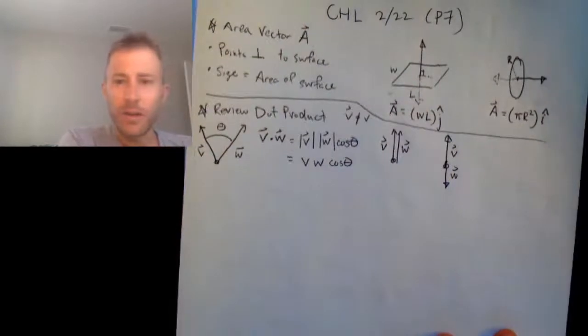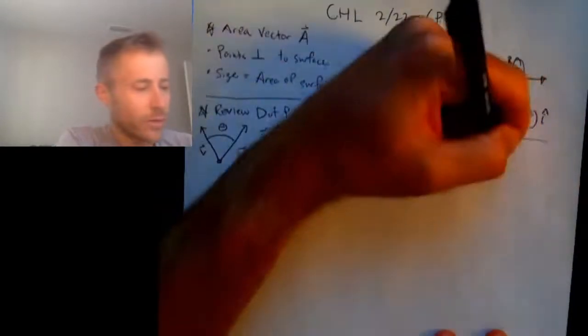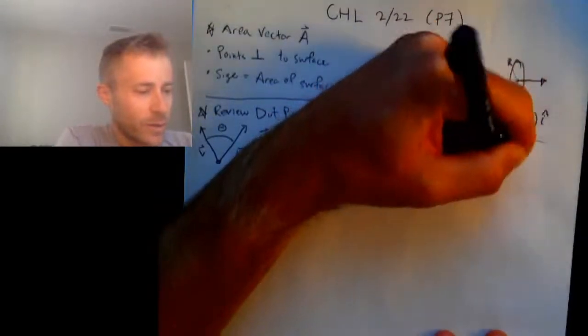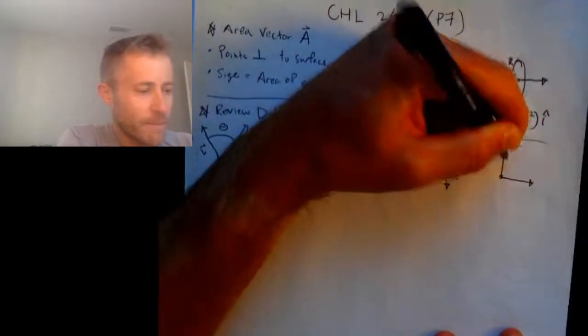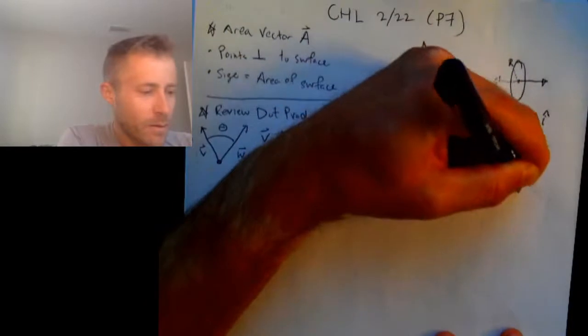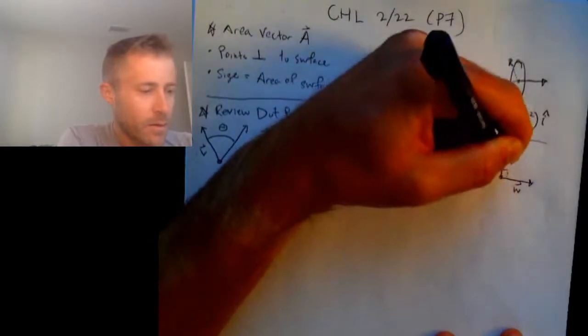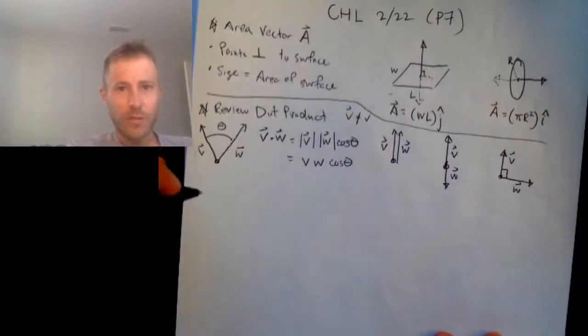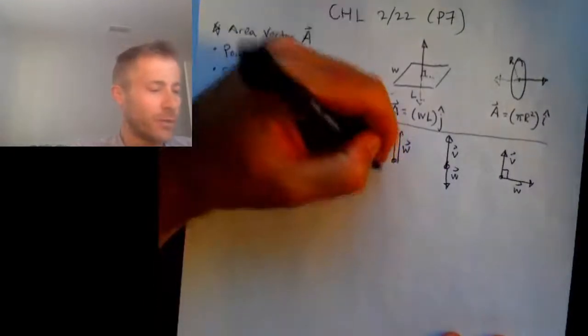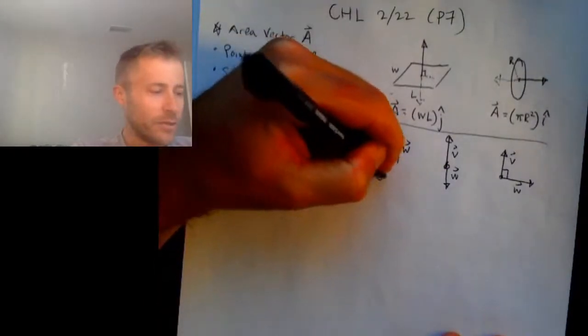The third case of particular importance is when V and W point at right angles to each other. If the two vectors point in the same direction, then the angle between them is 0.